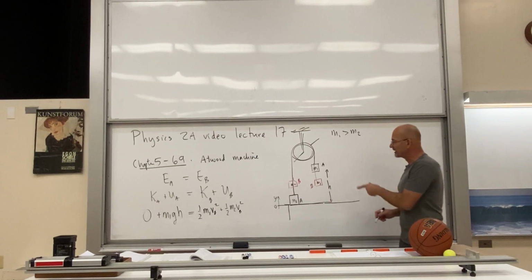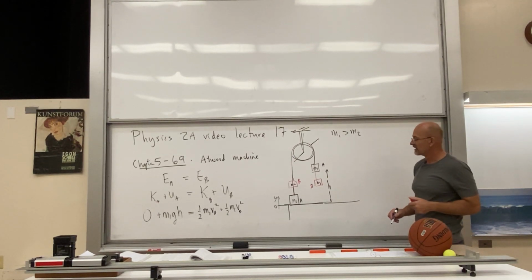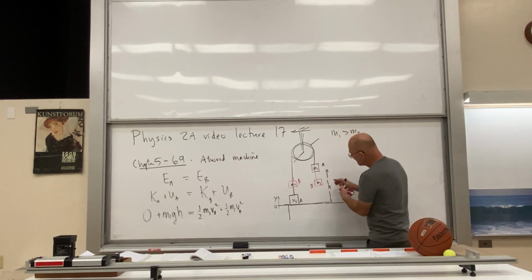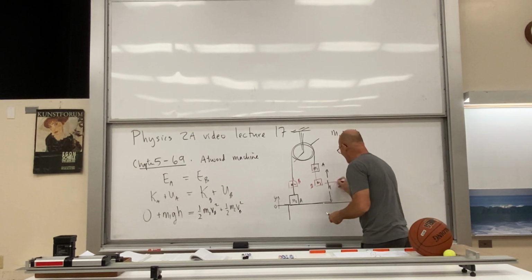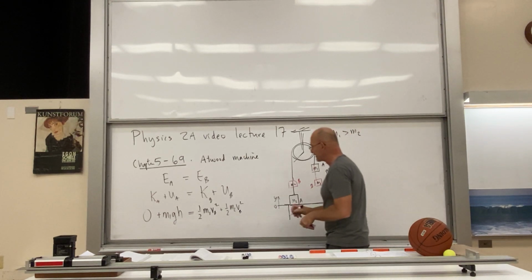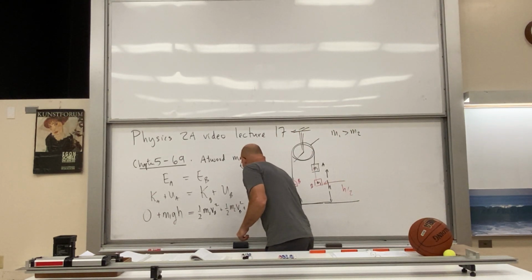That's the kinetic at B. And what's the potential energy at B? They both have H over 2 as a height now, so plus M1G H over 2 plus M2G H over 2.